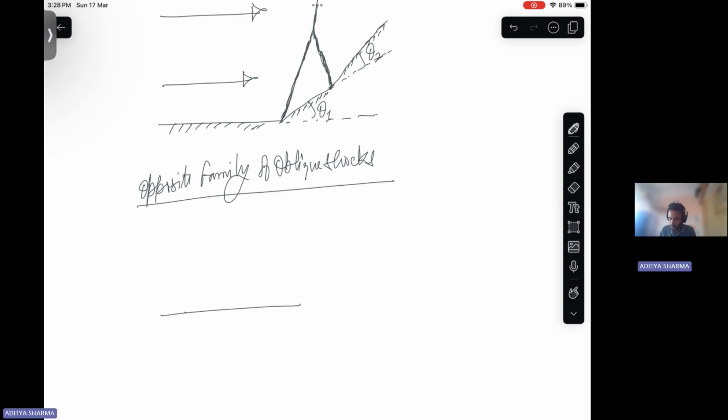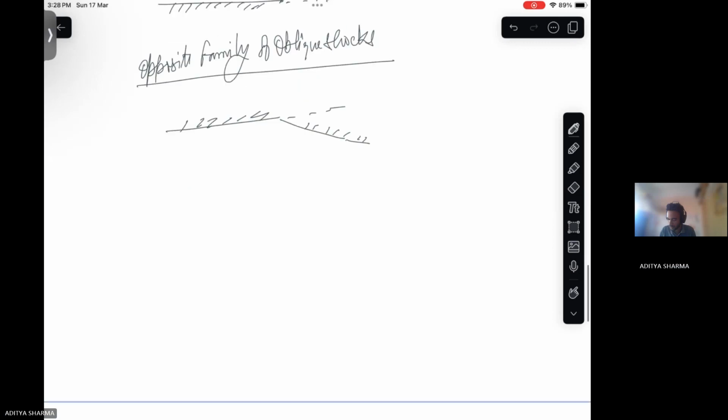So what is happening here? We have this wall, and we deflected our flow to this direction. Here was our flow, and we get this oblique shock.